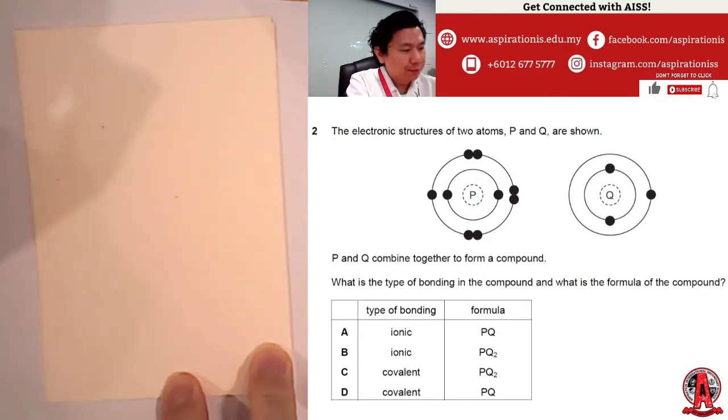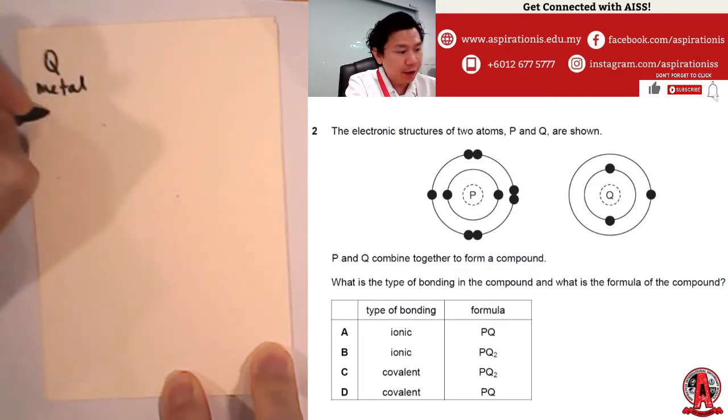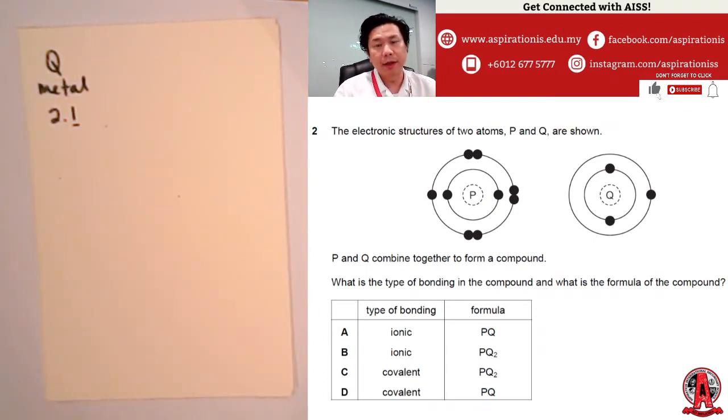You will know that Q is a metal because of the electronic configuration 2.1. Atoms with valence electrons of 1, 2, and 3 are generally metals.